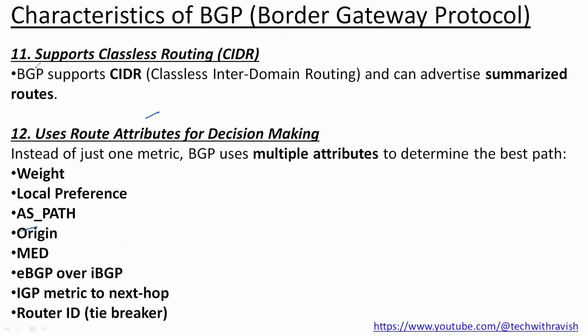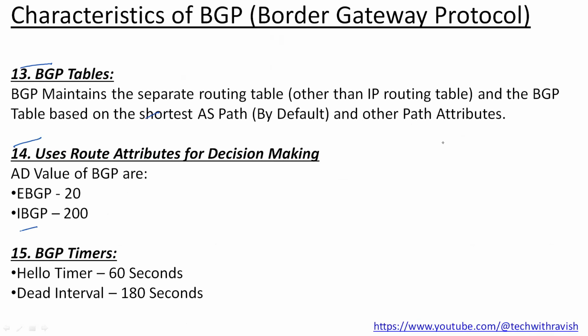It is a classless routing protocol. It uses attributes for decision making. There are 11 attributes which are used for routing decisions. If I talk about the BGP table, BGP also has its own separate table in addition to the routing table.